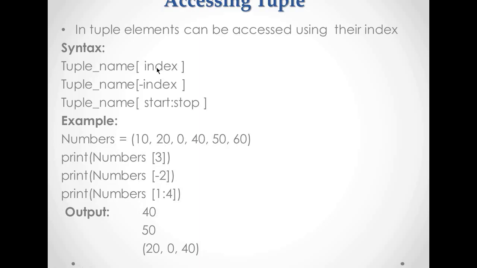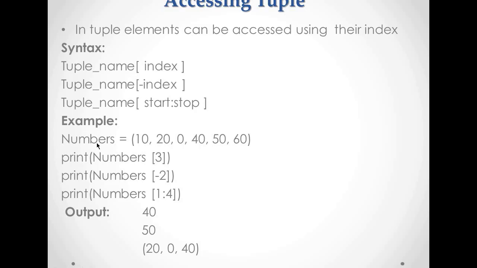A positive index means it is going to access the value from beginning to the end. If we give the index value as negative, it is going to access the values from the back. And in the third method we mention the range, the start value and the stop value. So the first 2 methods will access a single value, but using the third method, we can access a range of values. That is, more than one value we can access at a time.